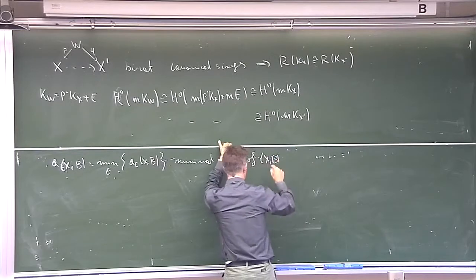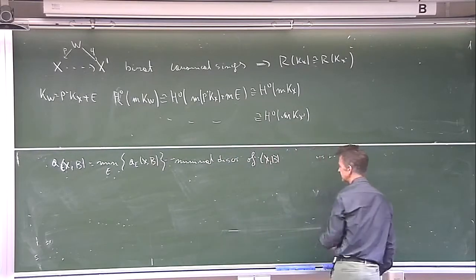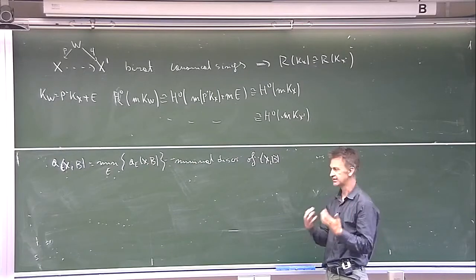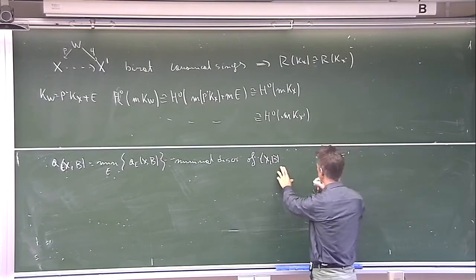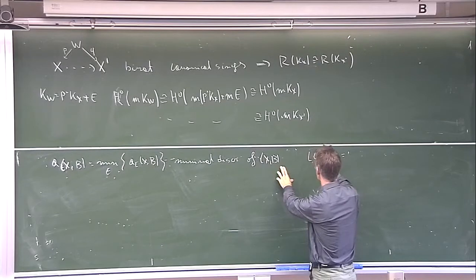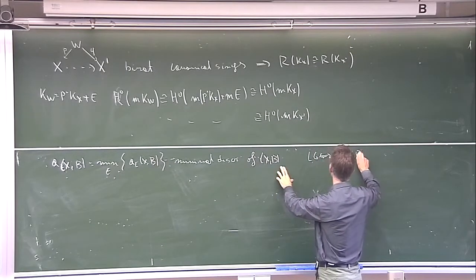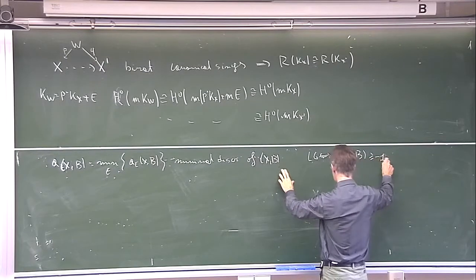Usually we really think of a pair. You should think of these as interesting invariants that measure the singularities. And remember, for example, that log canonical is equivalent to a(X,B) greater or equal to -1.